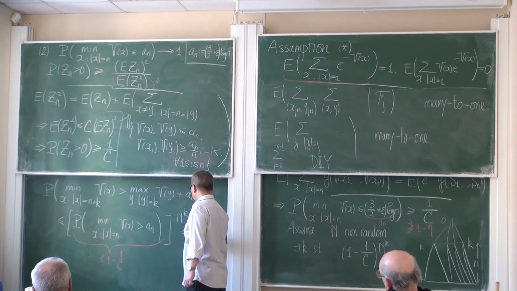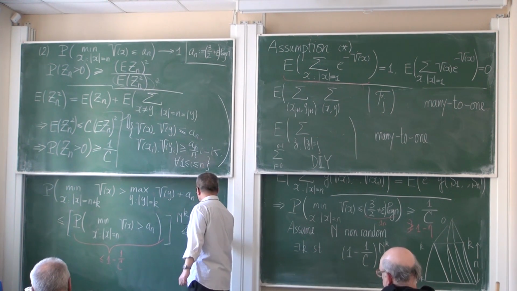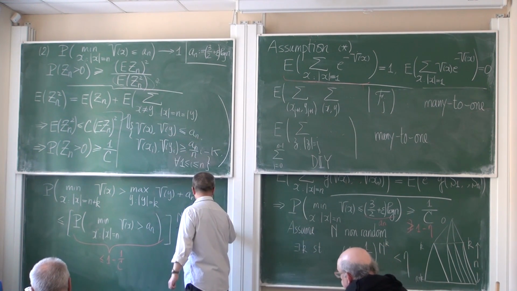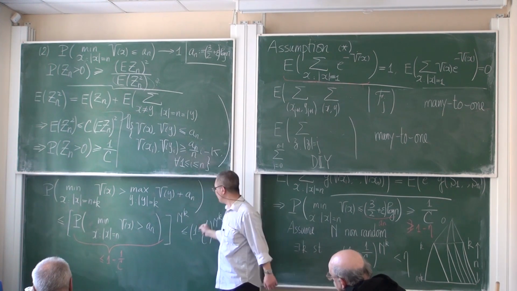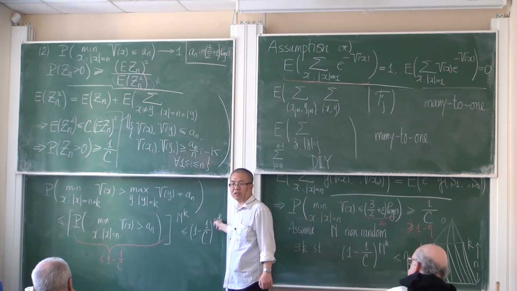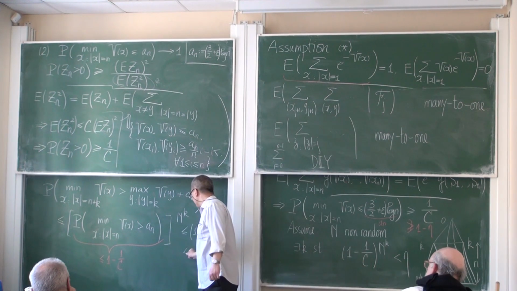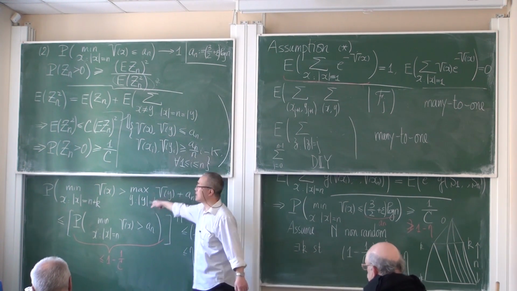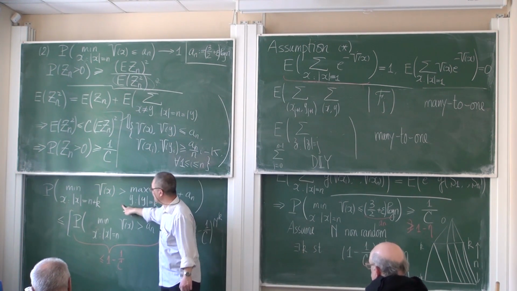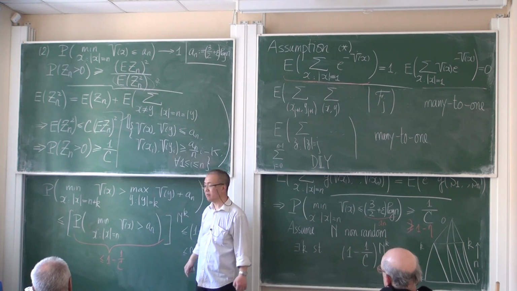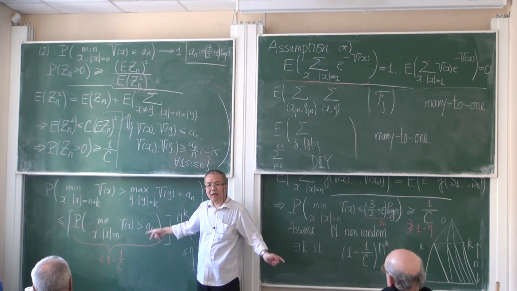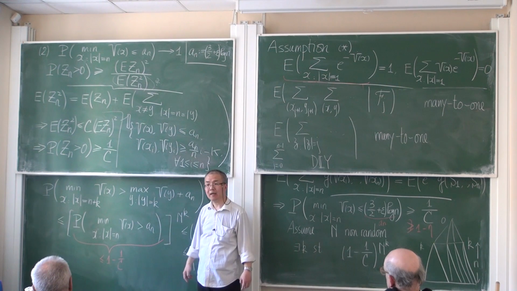Okay. And that's finished. That's smaller than (1 minus 1 over c) to the power N to the k. And you see that according to the choice of k, this is smaller than it, which means that this is not going to happen. Actually, the inequality should be the other way around. And the k, nobody cares. K is a constant. Nobody cares, yes?